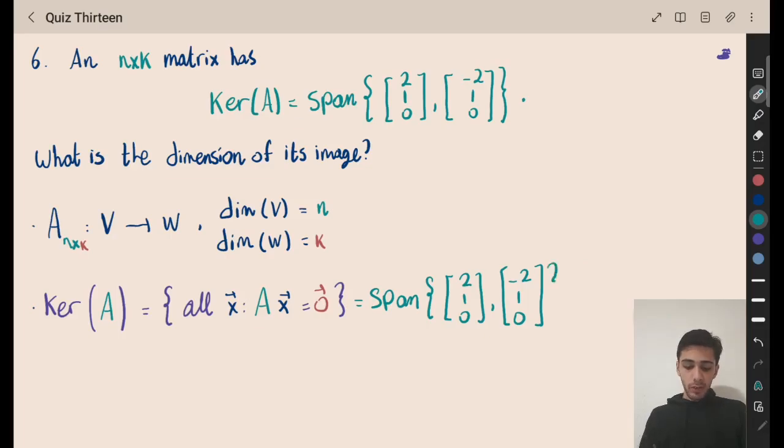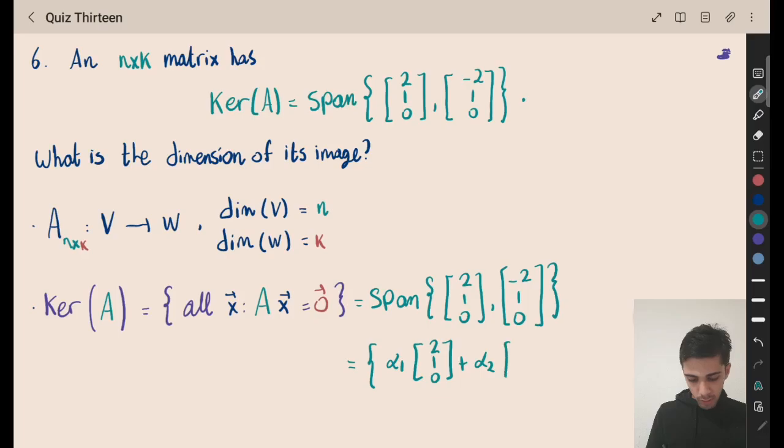The span of 2 vectors is every single vector you could reach by scaling the vectors and adding them. So it is precisely alpha 1 times (2, 1, 0) plus alpha 2 times (-2, 1, 0), where alpha 1 and alpha 2 are elements of the field of scalars.